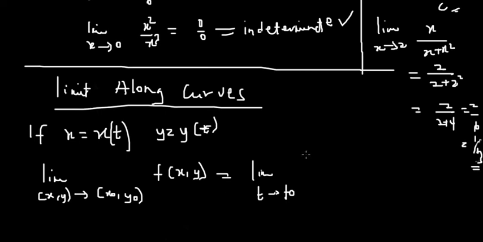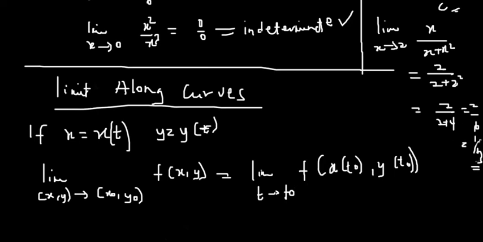You do your simple substitution into the function f, and you end up with the function x of t naught and the function y of t naught. So this is how your functions will look.